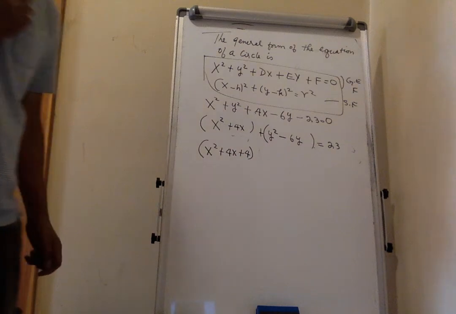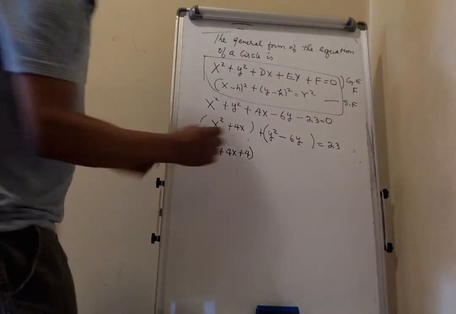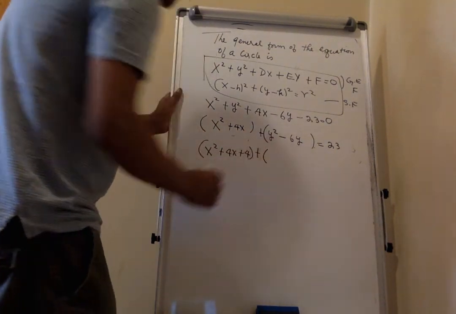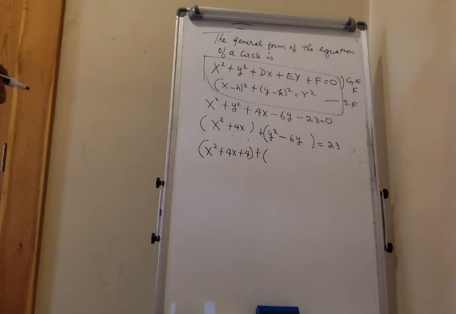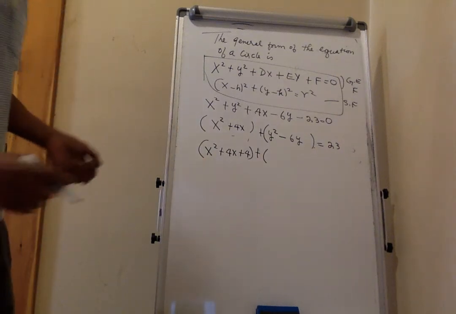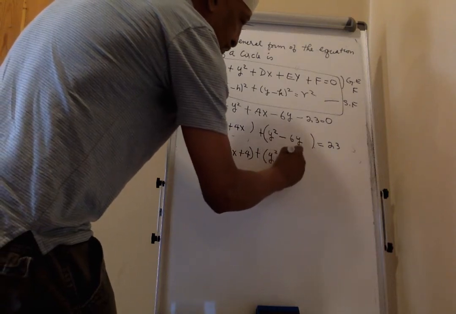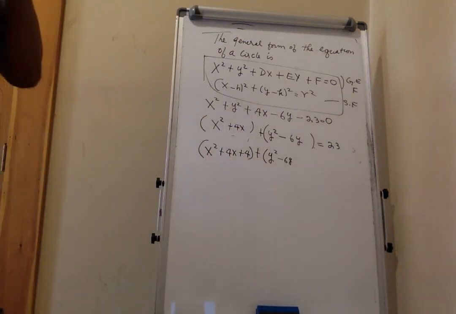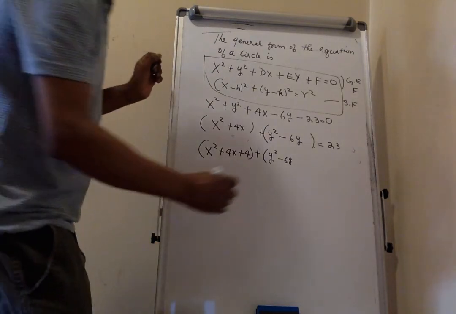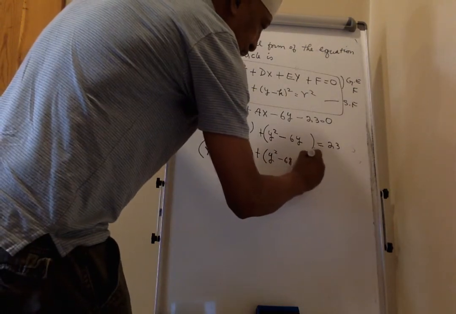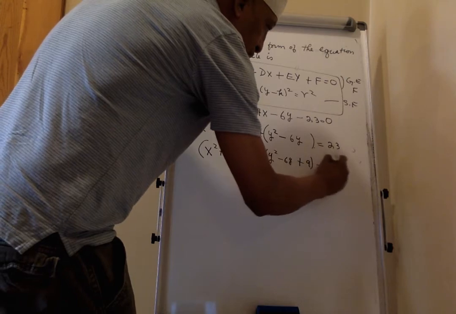I completed the square, if you remember. Plus, let's do the same thing to y. Y squared minus 6y, I want to complete the square. Half of negative 6 is negative 3, and if I square it, I get 9. Now, watch out.